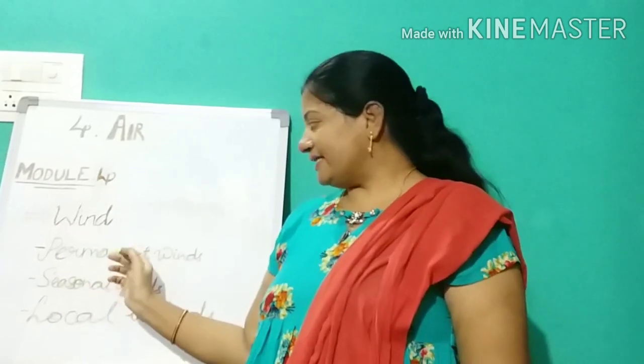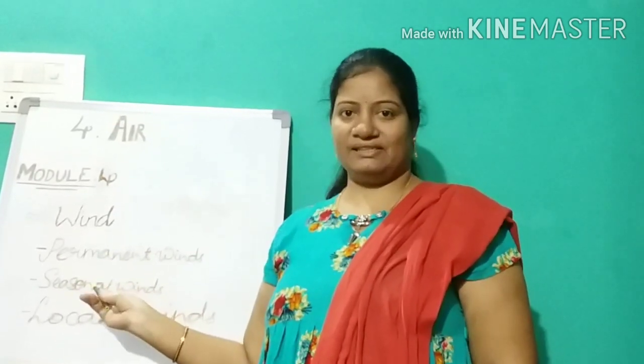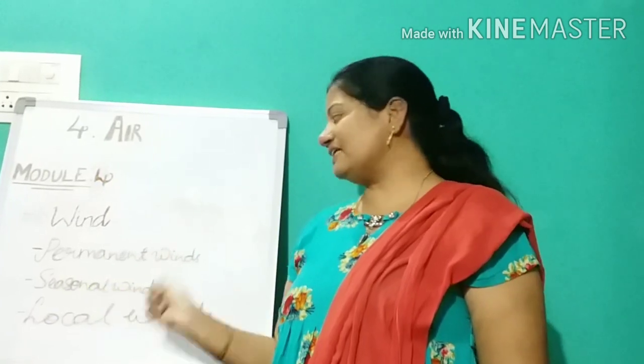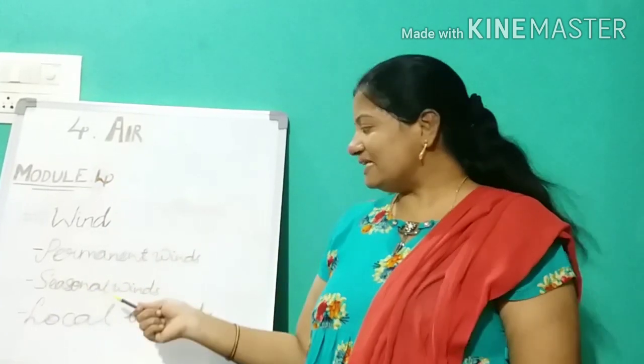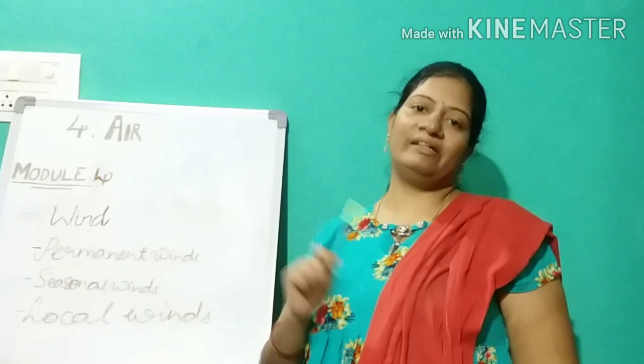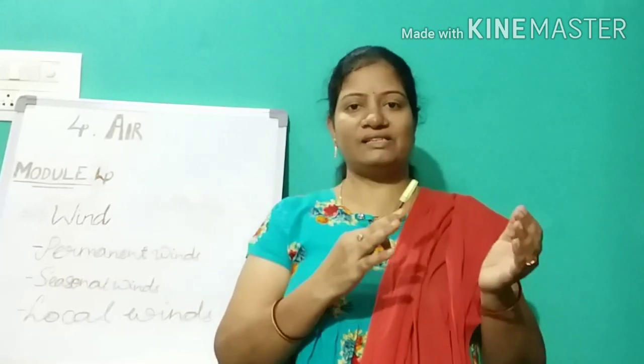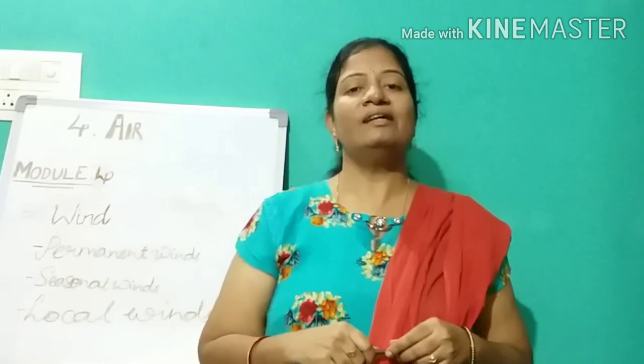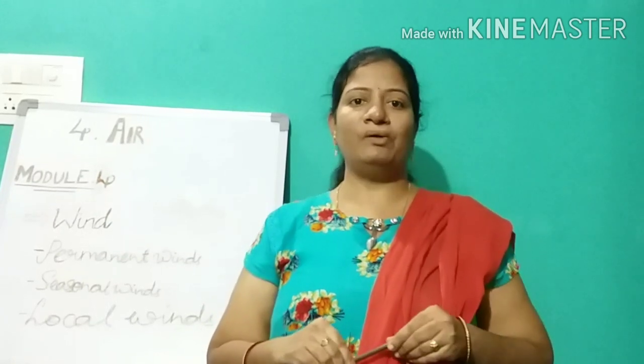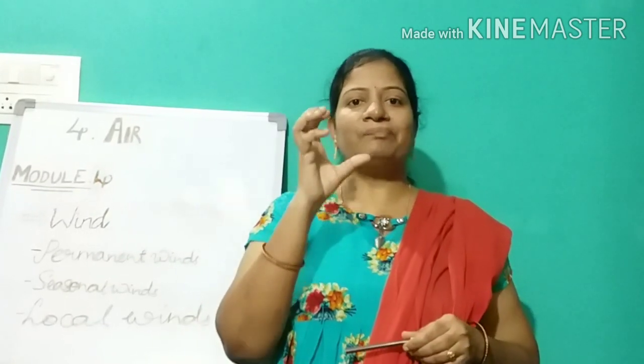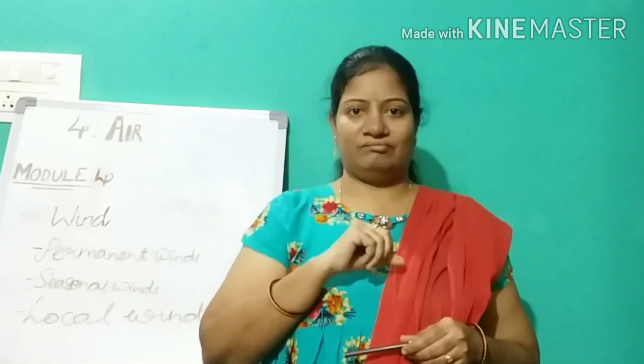Children, next coming to the second category of winds, seasonal winds. The seasonal winds are also called periodic winds. Periodic winds or seasonal winds, both are the same. These seasonal winds will blow at a certain time or period of a year.